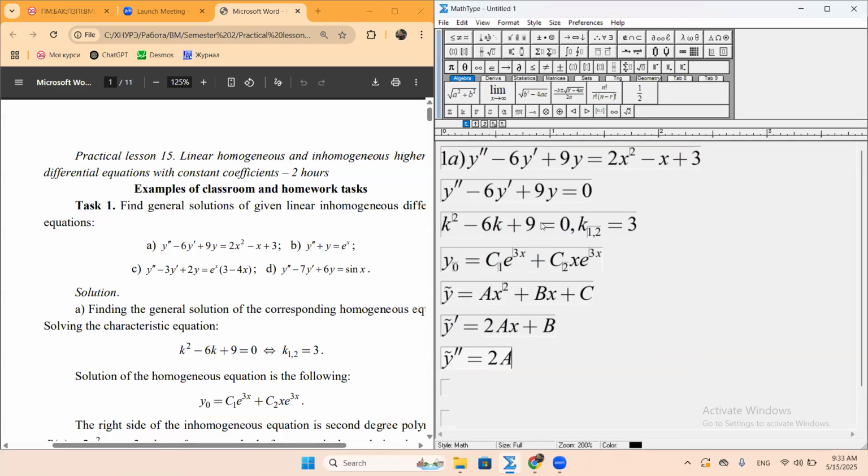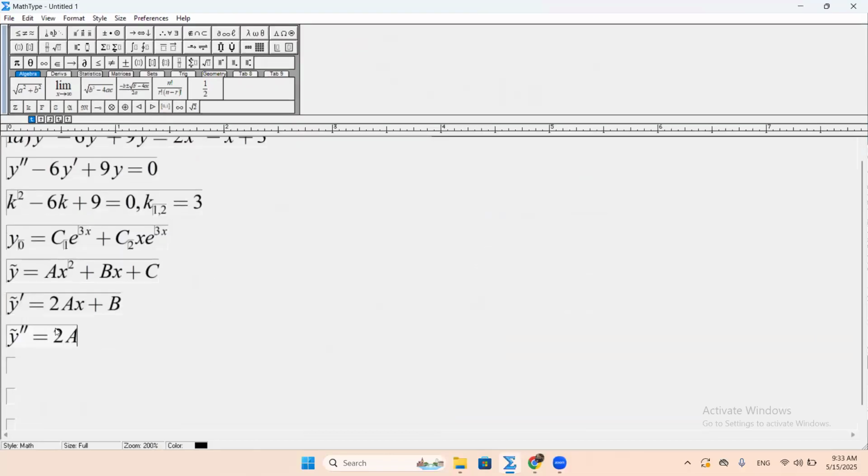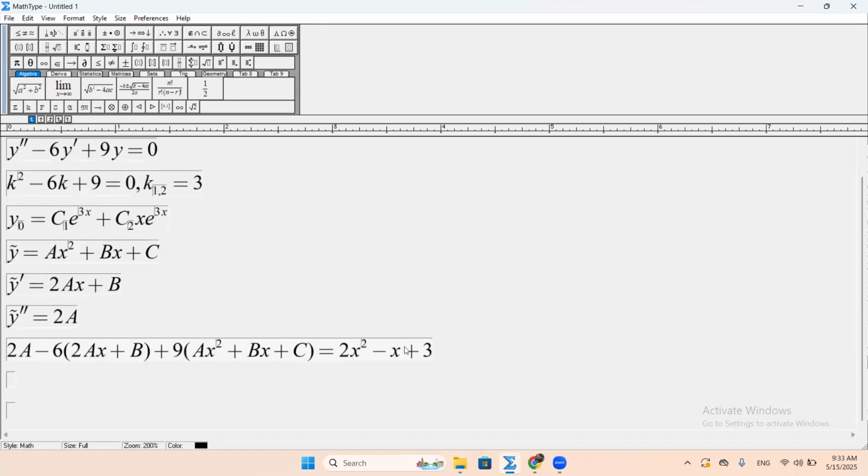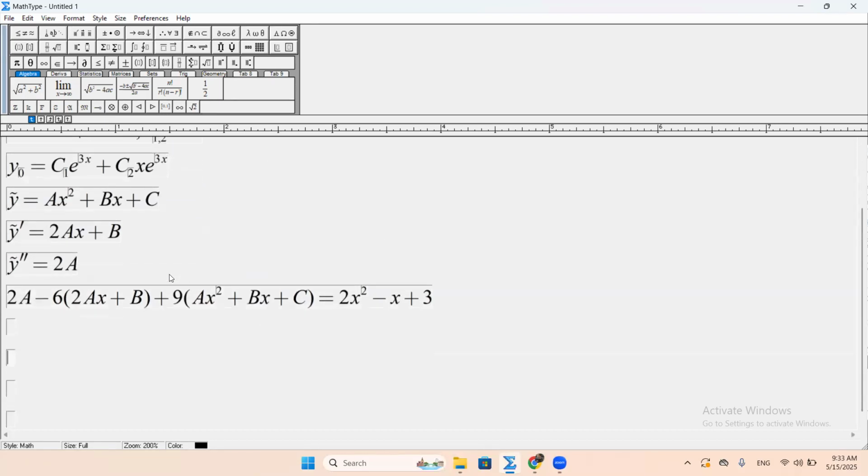Now we will substitute it into the initial equation: 2a minus 6 multiplied by (2ax plus b) plus 9 (ax squared plus bx plus c) equals 2x squared minus x plus 3. Now we will find these undefined coefficients.